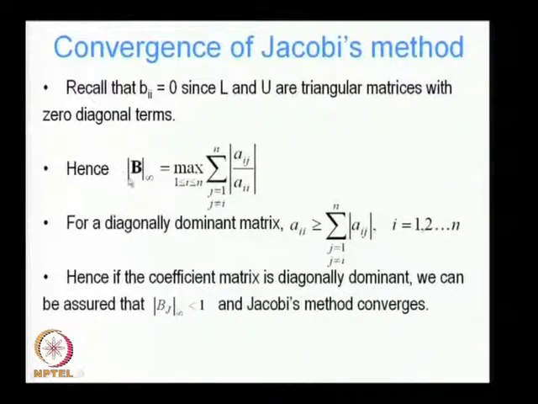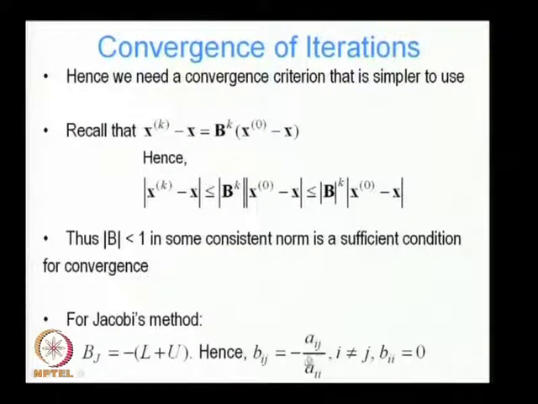Hence, if I want to take the norm of B in the infinity norm, what is this equal to? This is equal to sigma mod of Aij by Aii, I sum it over all the columns for each row and then take the maximum over all the rows. That is my definition of my infinity norm.